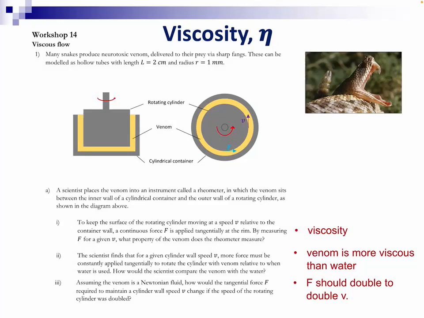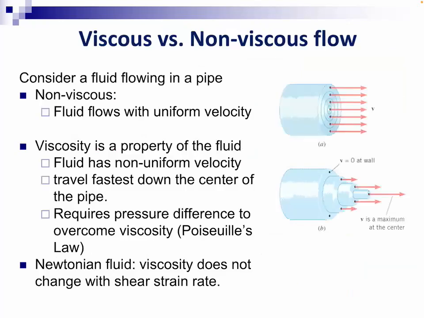All right, so we can therefore classify fluids into two types. So whether the fluid is viscous or non-viscous. So when we say the fluid is non-viscous, the fluid flows easily and it flows with uniform velocity.